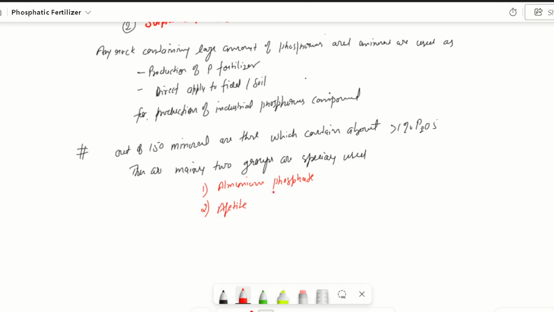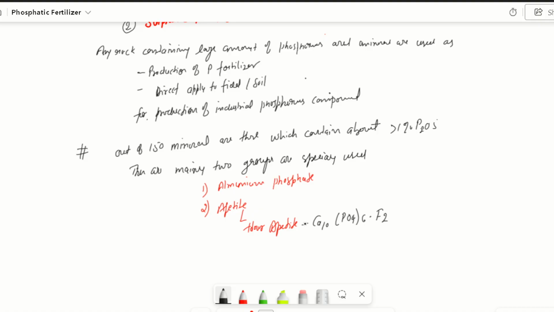Apatite is basically a source of making rock phosphate, which is used as fluorapatite. Its chemical formula is Ca10(PO4)6F2.